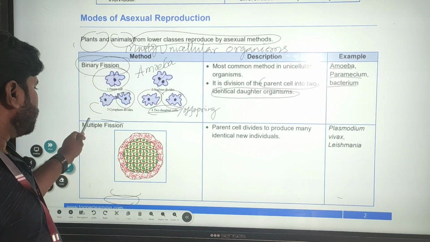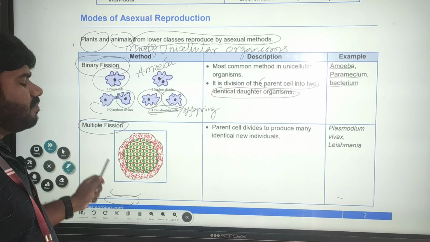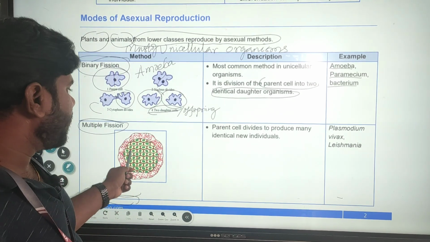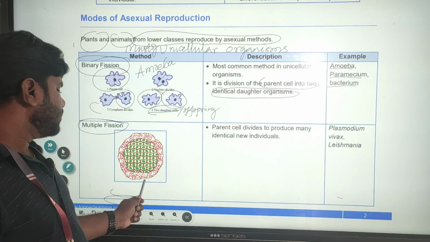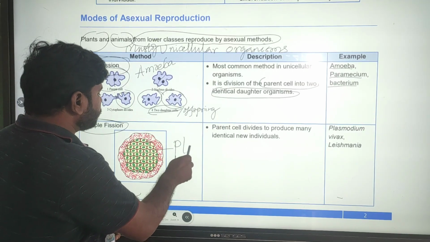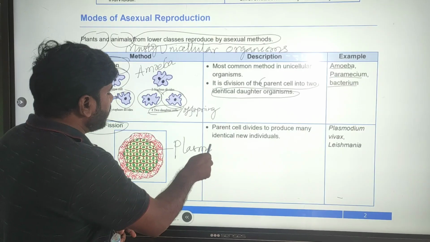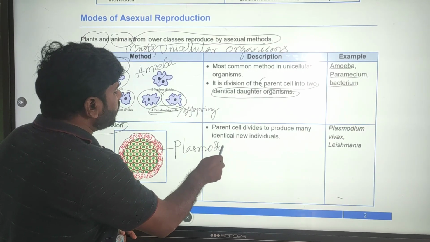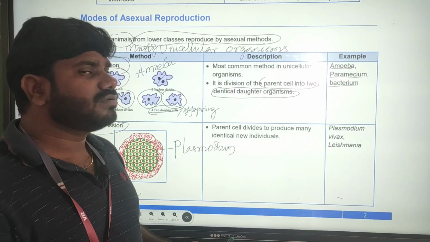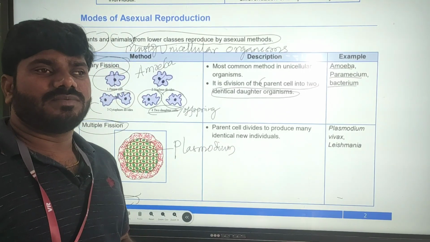Next, multiple fission. This is also one type of fission which is included in asexual reproduction. You can see this is the plasmodium organism. This plasmodium organism reproduces through multiple fission of its body.